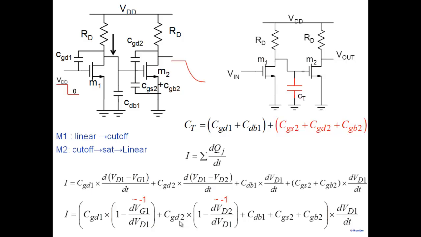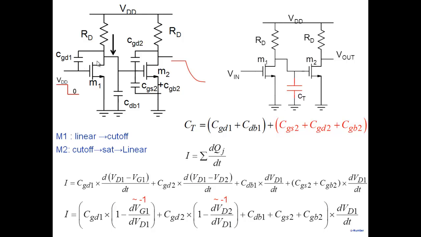And this kind of a thing you would realize in Miller's effect when we discussed in E210. Miller's effect was any capacitor connected between here and here gets multiplied by 1 plus AV, the gain. So what is the average gain of this particular one? On an average, the gain of an inverter is -1.